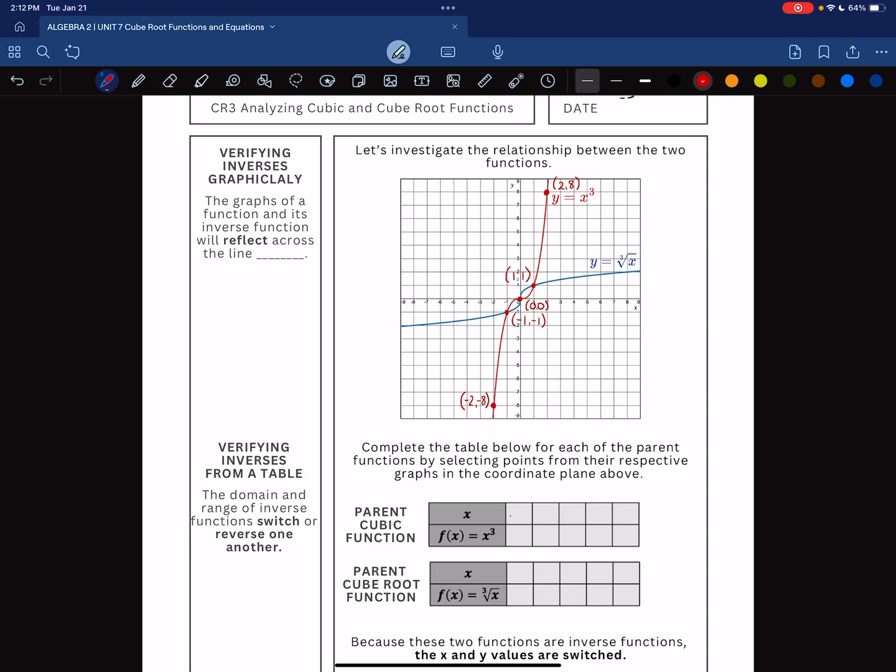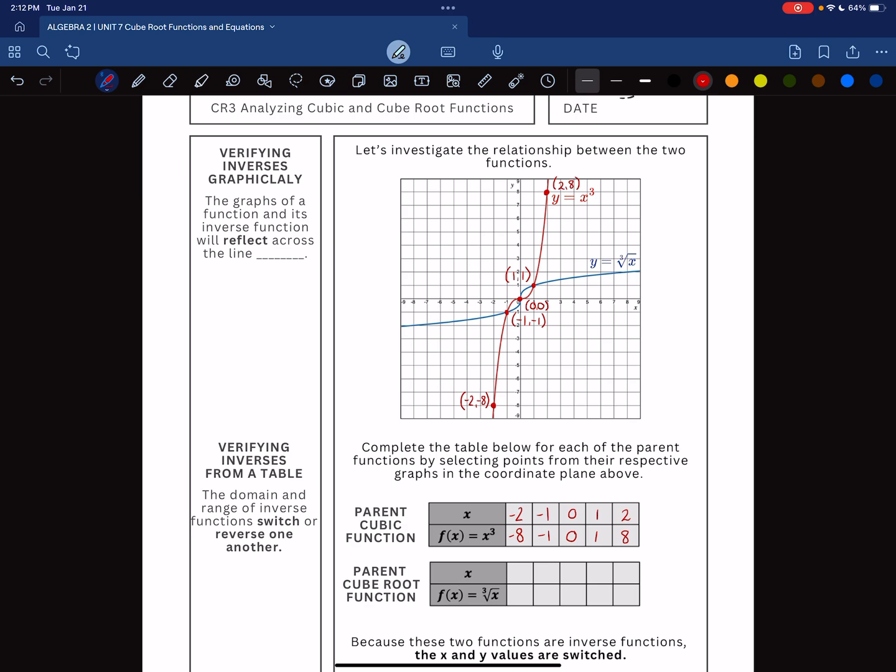So when the x value was -2, the output was -8. At -1 for x, the output, the f of x, was -1. At 0, it was 0. When x is 1, the output is 1. And when x is 2, the output is 8. And we see that there graphed.